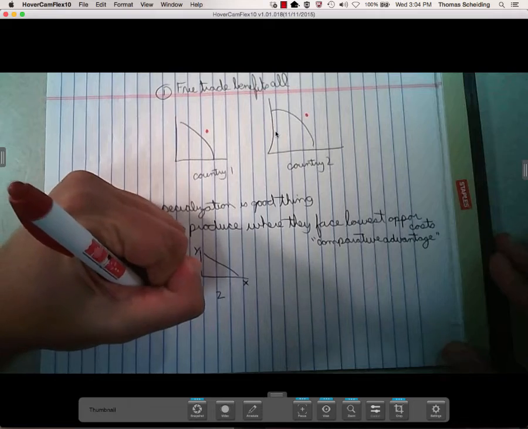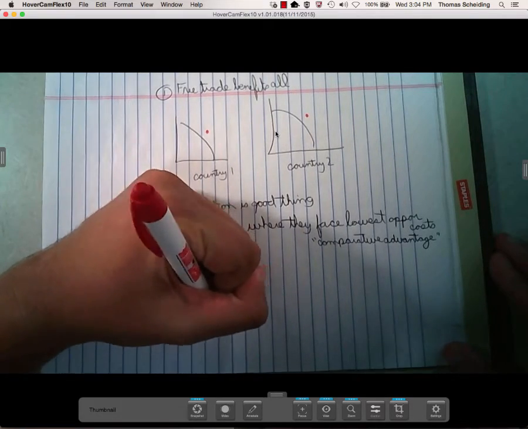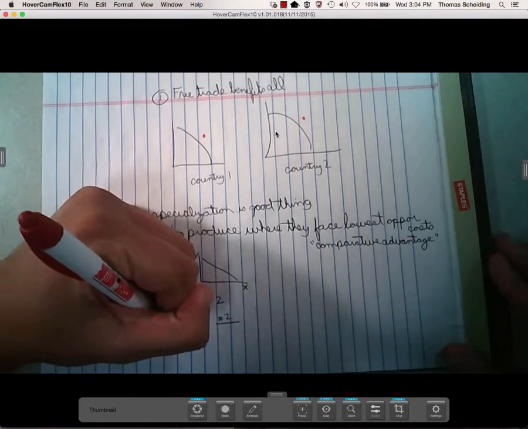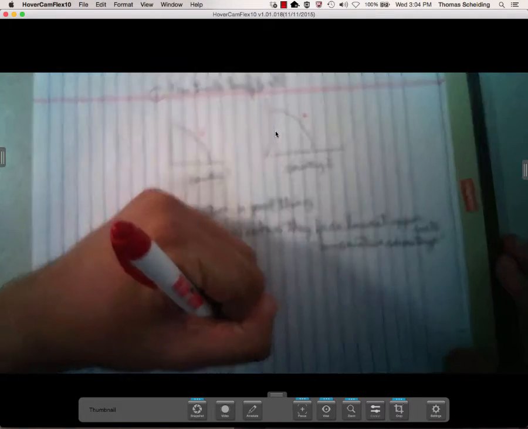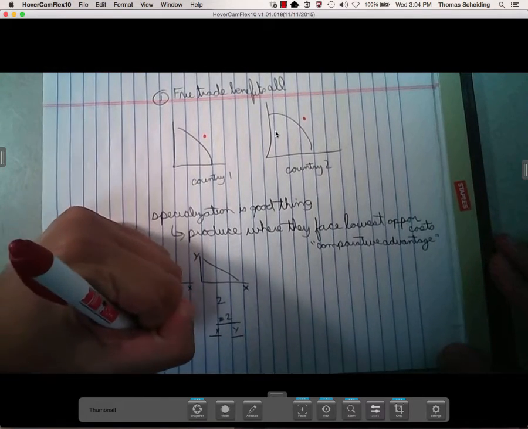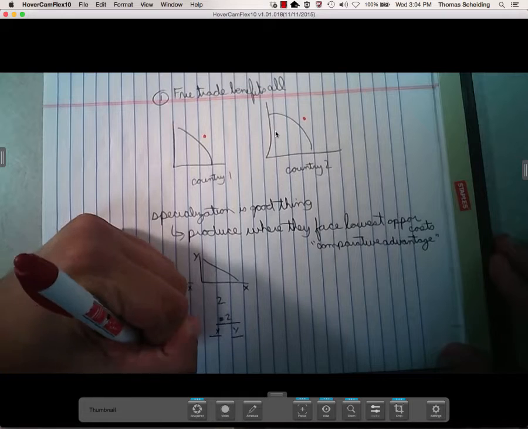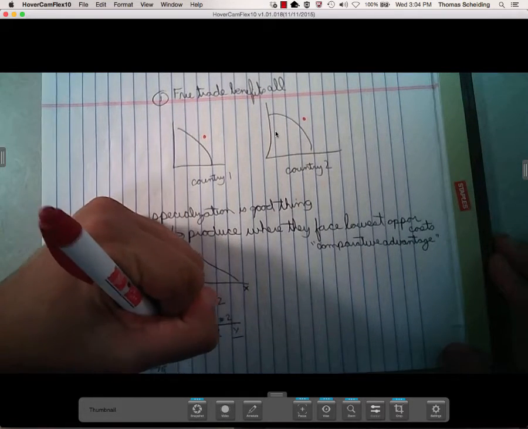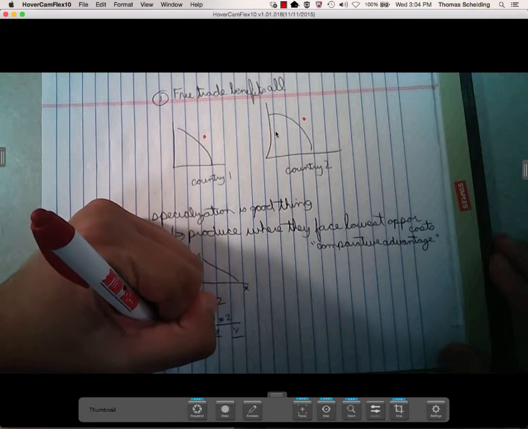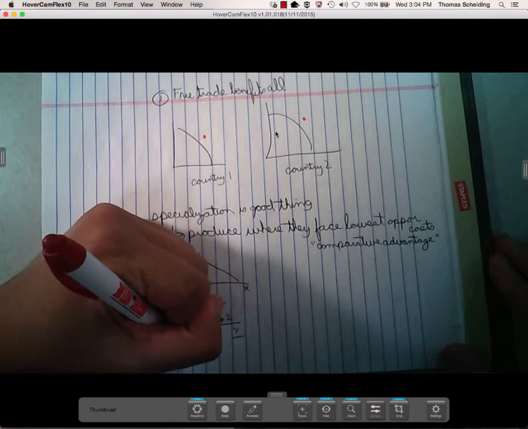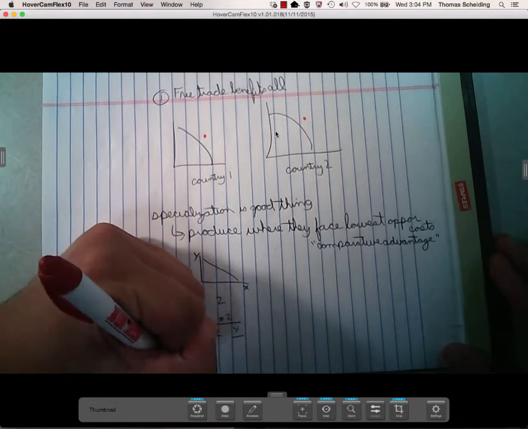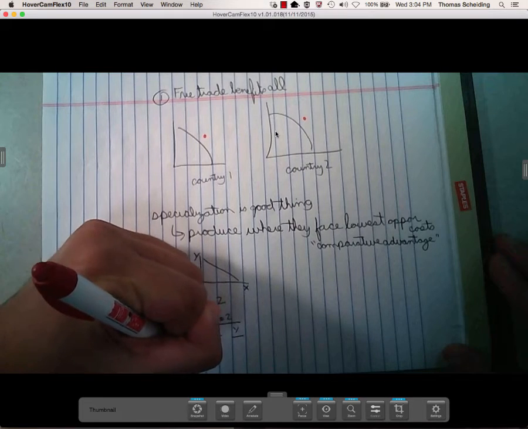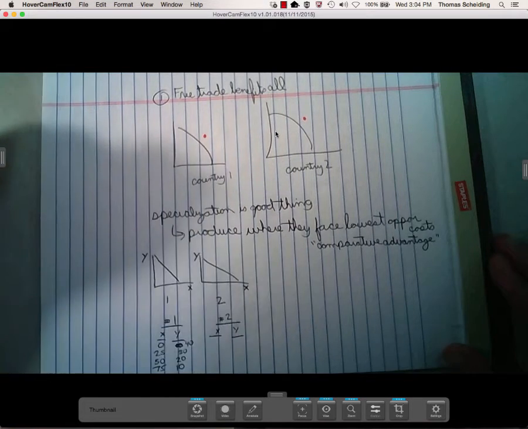Let's say that for country number 1 and for country number 2, for quantities of X and Y, 0, 25, 50, 75, and 100, and for Y, 0, 10, 20, 30, 40, just making up some numbers here.